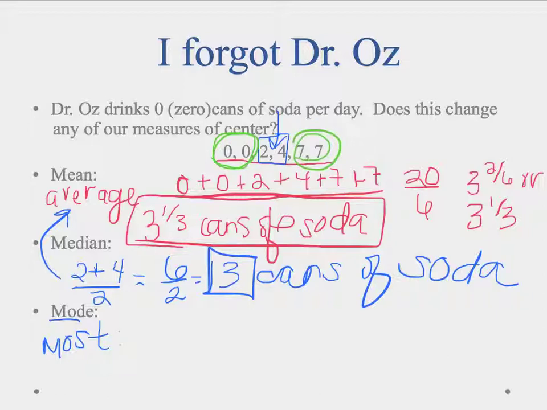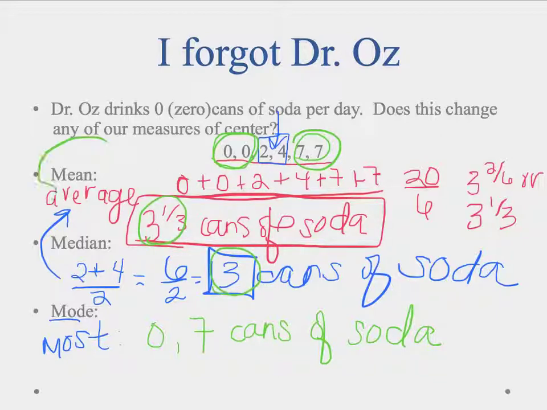So we actually have 2 modes. 0 and 7 are both our modes. So again, we might ask, what are the most accurate measures of center? We have 3 1/3 cans of soda and 3 cans of soda. So I think our mean and our median happen to again be our most accurate data points.